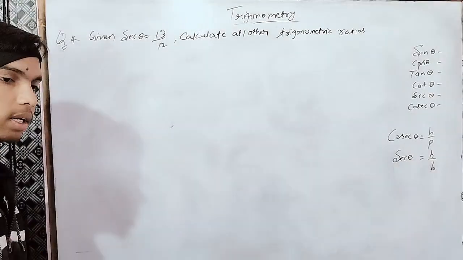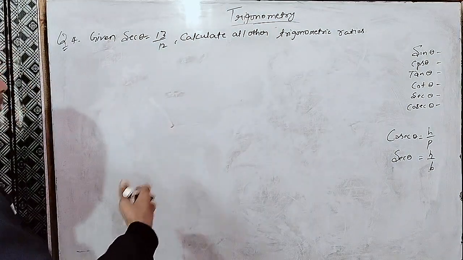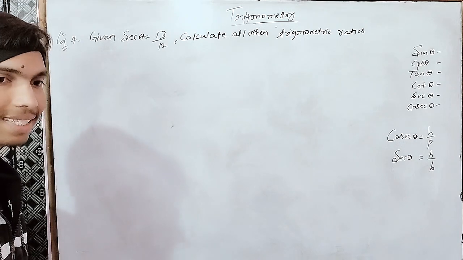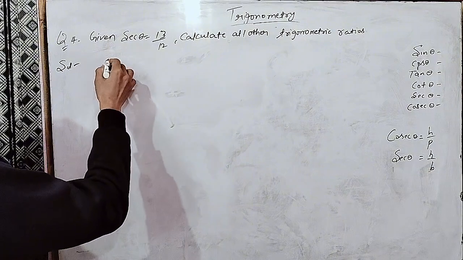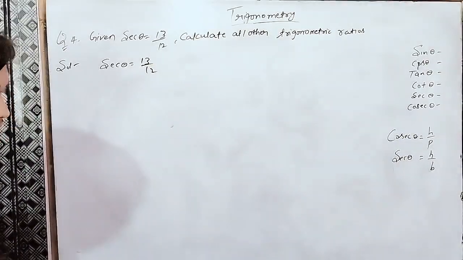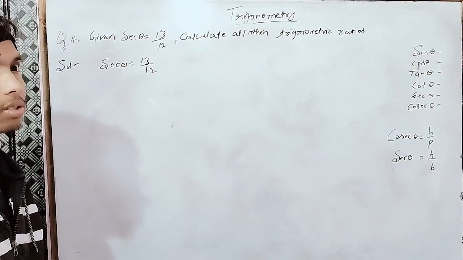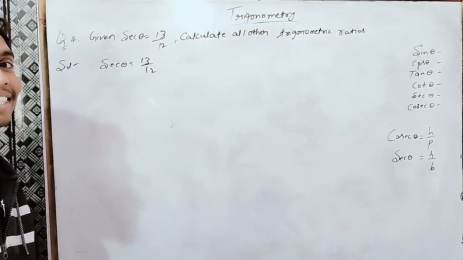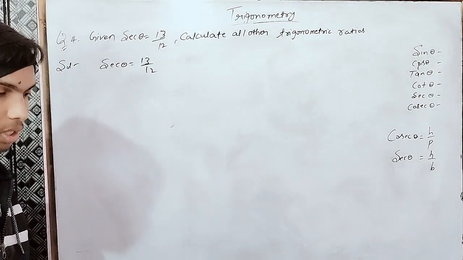First of all, whatever is given, we can write. Given by equation, it is easy to solve. So given is sec theta is 13 by 12. Sec is just the opposite of cos.